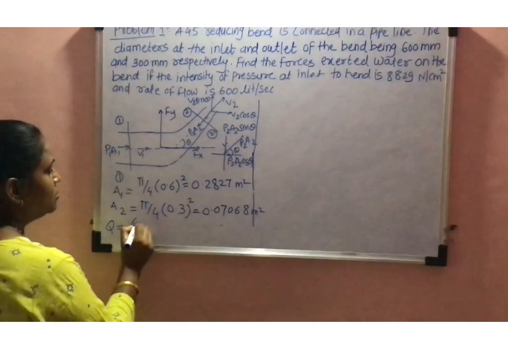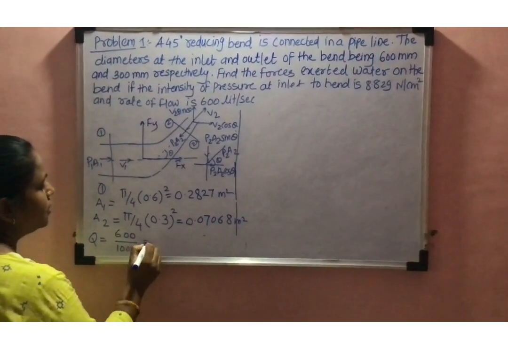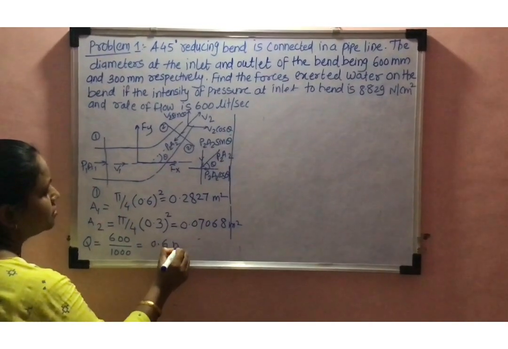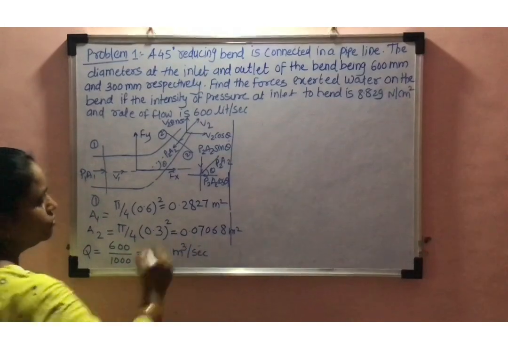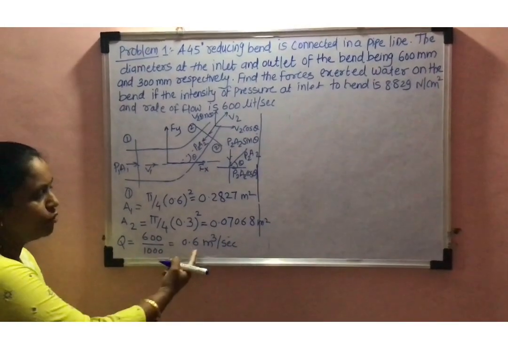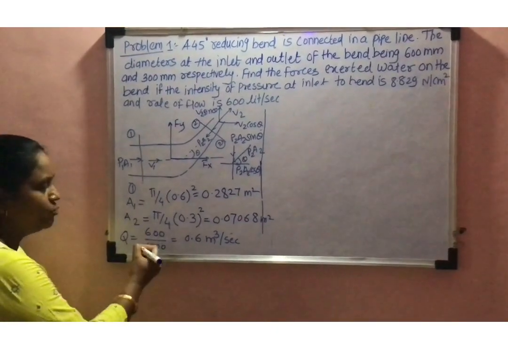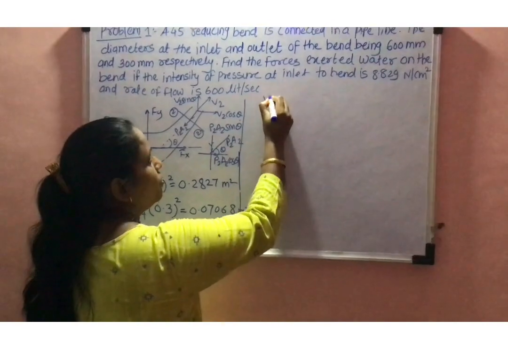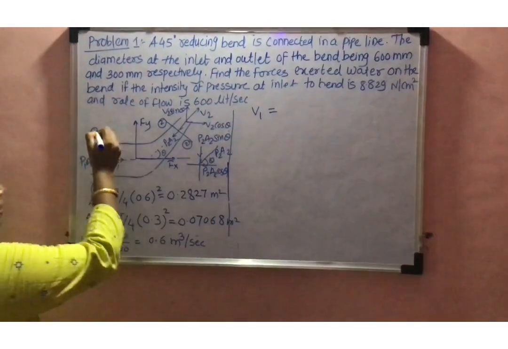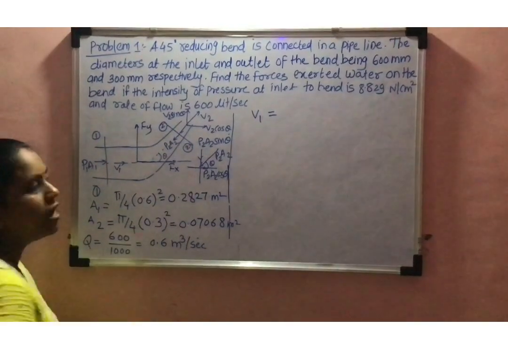So 600 upon 1000, it will come 0.6 meter cube per second. So discharge Q is 0.6 meter cube per second. We know the areas, we know the discharge. From this, easily we can find out the velocity at the inlet and velocity at the outlet.